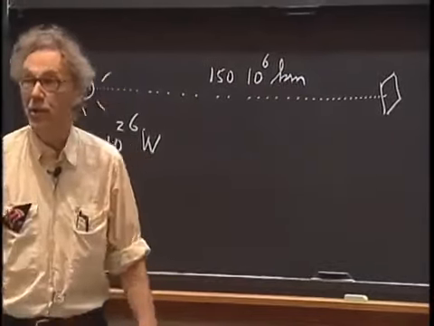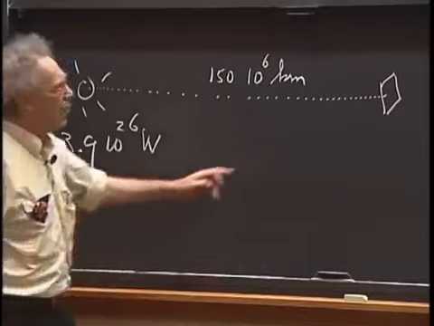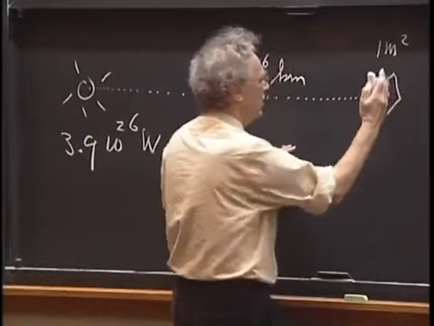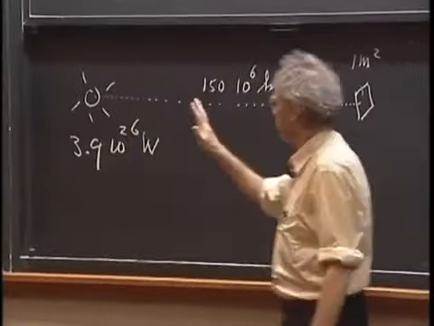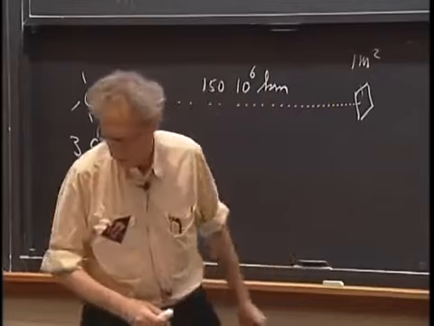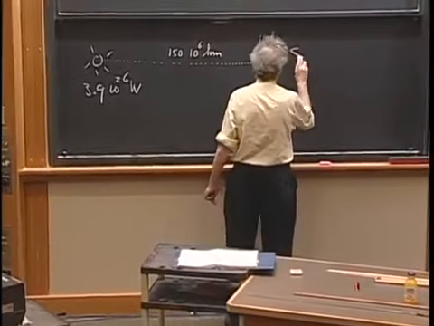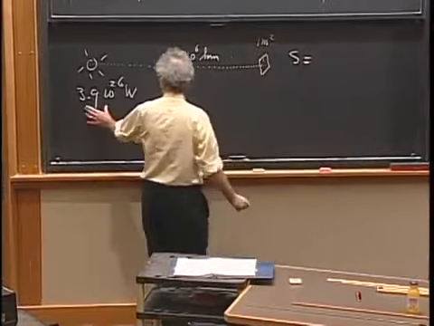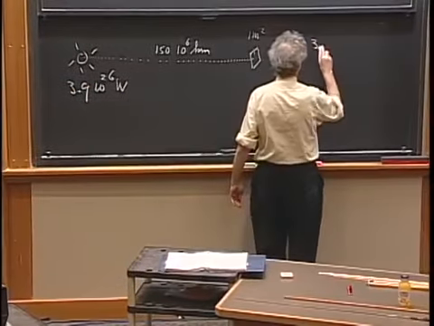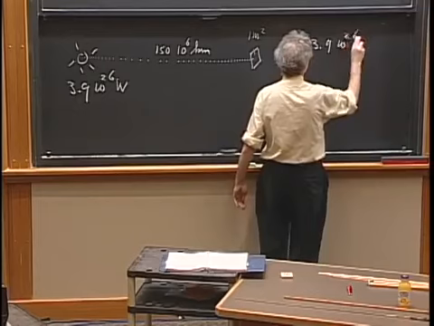So I can calculate now how many joules per second go through 1 square meter here, and this 1 square meter is held perpendicular to the direction to the sun. So that value for S is, of course, the radiation that leaves here. That is my 3.9 times 10 to the 26.